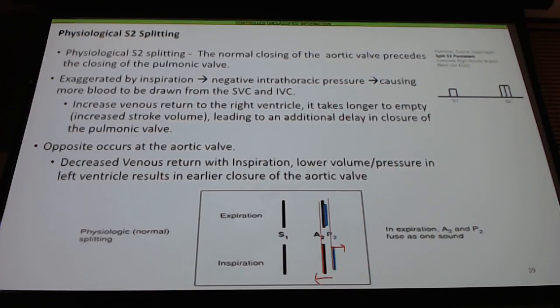So what you're getting is an even further splitting of the S2. And that's a normal thing. But then when you exhale and you create that positive pressure environment, you start to see those things come back to potentially be a fused S2.